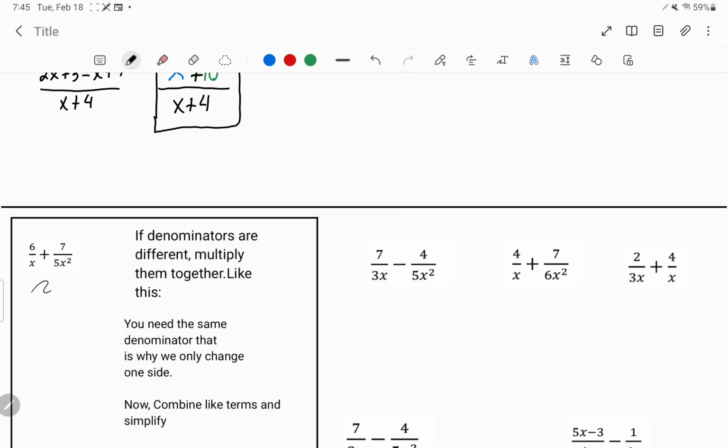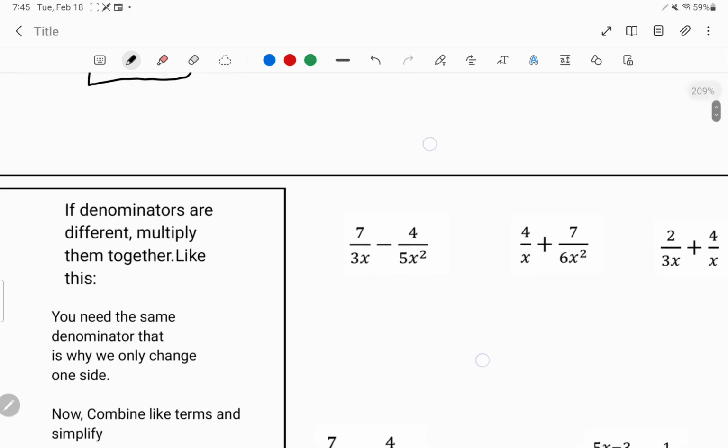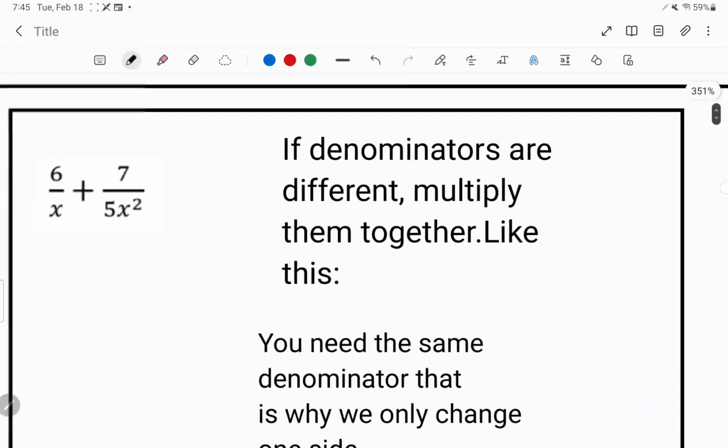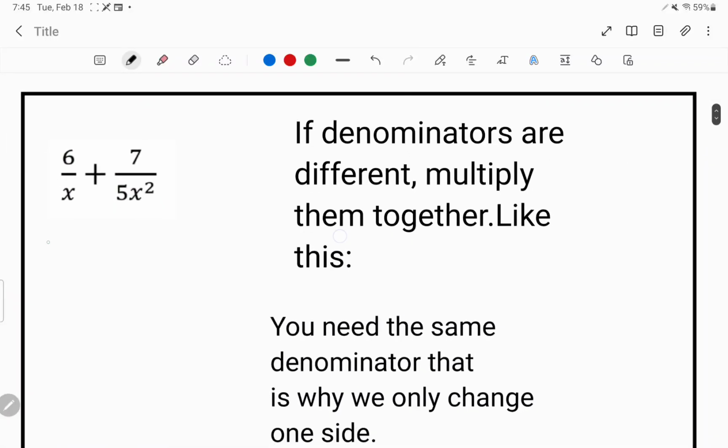Alright, so this is what we're gonna do. We're gonna rewrite the problem, obviously. We're going to put 6 here, x here, and then plus 7 over 5x squared. Now, in order to make x into 5x squared, I know I need to multiply by a number, which is going to be 5.